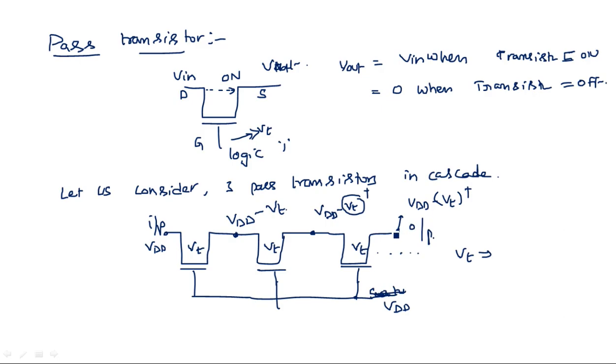So however many we have, that many will be added. So there is a degradation in the level of the output voltage. We will not get 100% output voltage because of pass transistor logic, because of the drop across the junction, the drop across the channel where the electrons flow between source and drain.